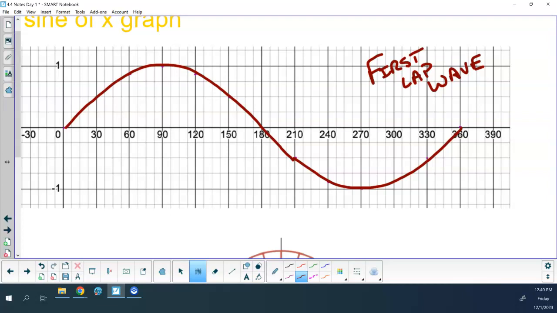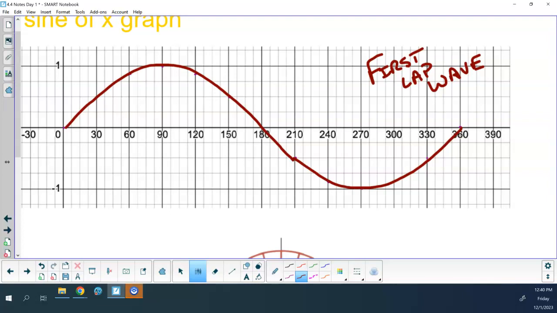What can you tell me about the sine wave, sine curve, sine graph, whatever you want to talk about? There's a lot of stuff that you can tell me about it. Its range is -1 to 1. Is it ever going to get outside of that range? Is it ever going to get lower than -1?